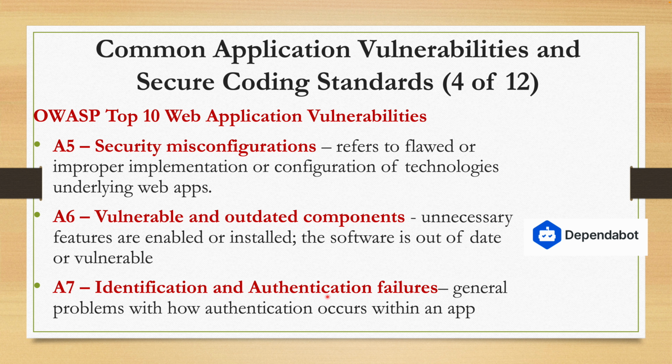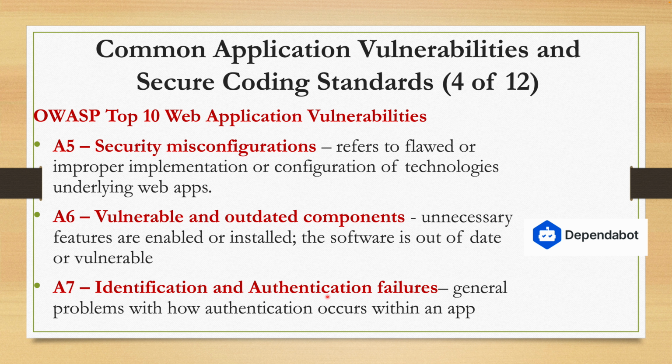Now, for A9, security logging and monitoring failures. Insufficient logging and monitoring can allow attackers to carry out malicious activities without detection. For example, failing to log login attempts or suspicious actions may delay incident response. So the recommendation is like this.